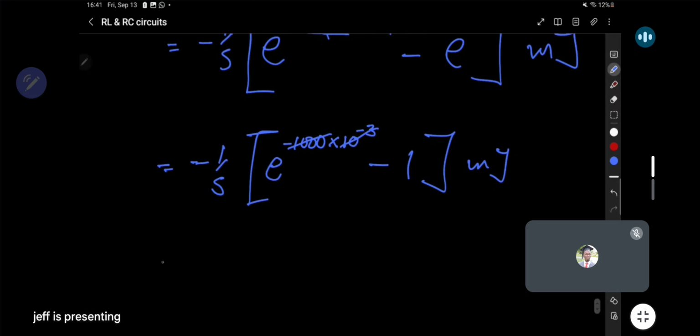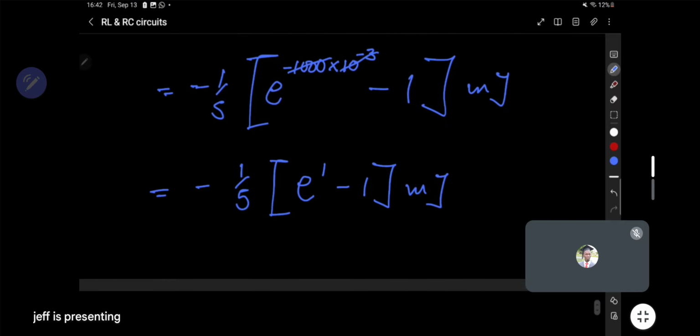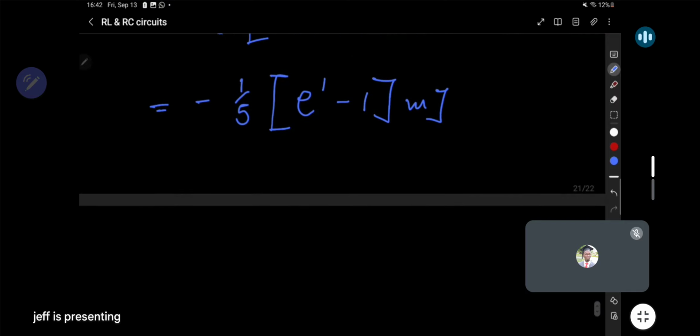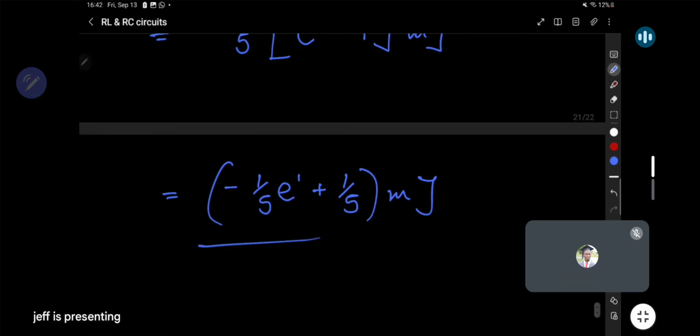So when it cancels the 1000, we now have minus 1 over 5. This remains as e to the power 1 minus 1 millijoules. When I distribute the minus 1 over 5, I now have negative 1 over 5 e plus 1 over 5. So this becomes the energy dissipated.